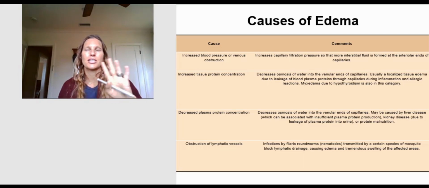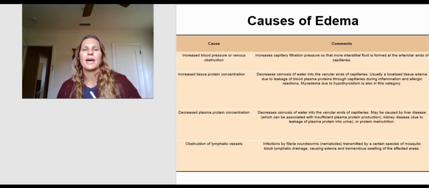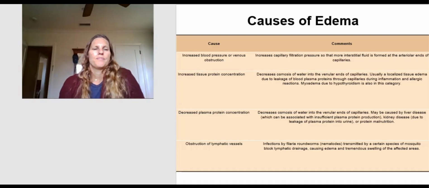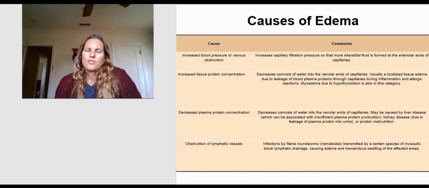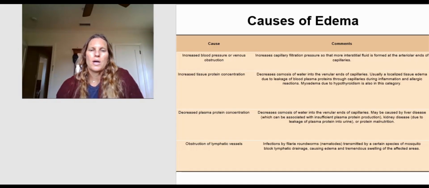Not to say that's the only place these can happen, but these nematodes, these roundworms, get into the body and into the lymphatic system and block lymphatic drainage. And so people will get incredibly swollen as a result of that. And there are other diseases that can do that as well. Okay.